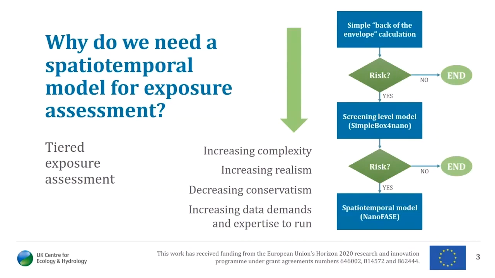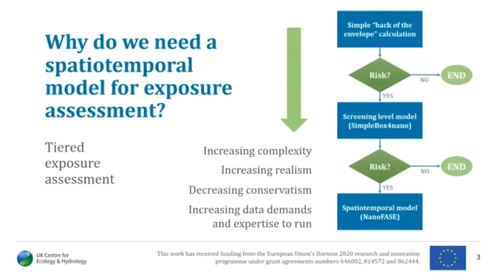But if that simple calculation comes back and says, well, actually there might be a risk, then you can go on to a more realistic model. And one example of that, as we've just seen, is SimpleBox for nano, and so on and so forth. And the idea here is that basically as you move through these tiers, you're decreasing the conservatism, but you're increasing the realism of the model.